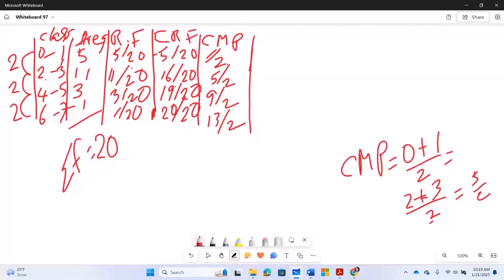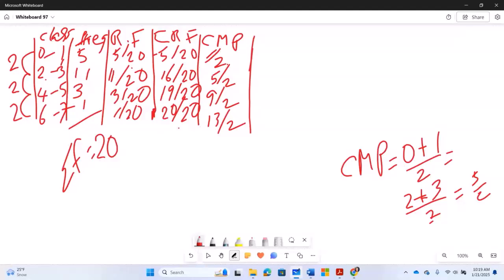The cumulative relative frequency of the third class is the relative frequency of the third class plus the relative frequency of the second class plus the relative frequency of the first class. And so I have 19 out of 20. The cumulative relative frequency of the fourth class, which is the last class, must be equal to 1.